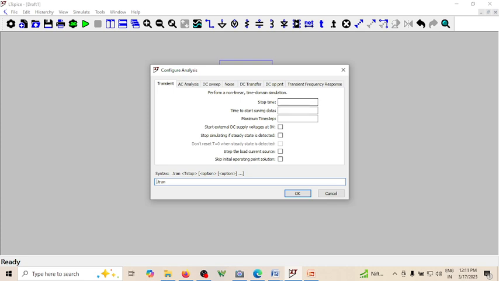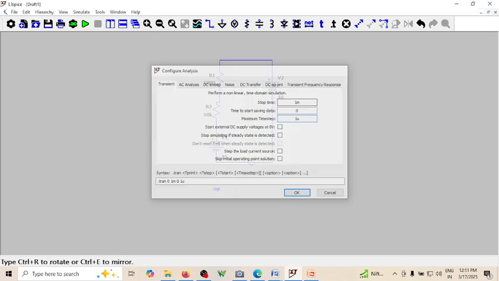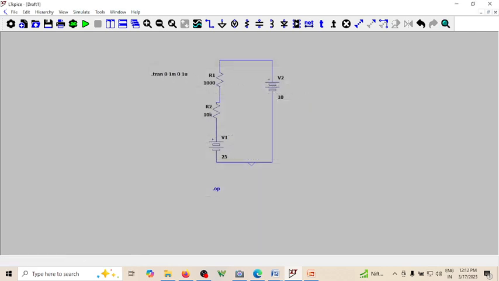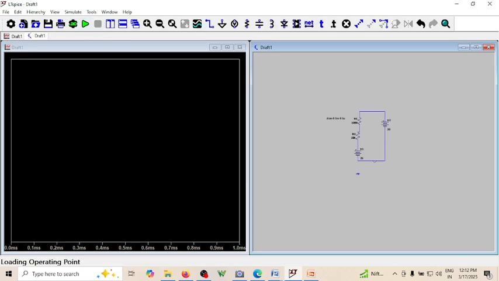Let the stop time be 1 millisecond, let the start be 0, let the step be 1 micro. We have done that. Let me run. I need to know the voltage across this. So this is positive, this is negative.